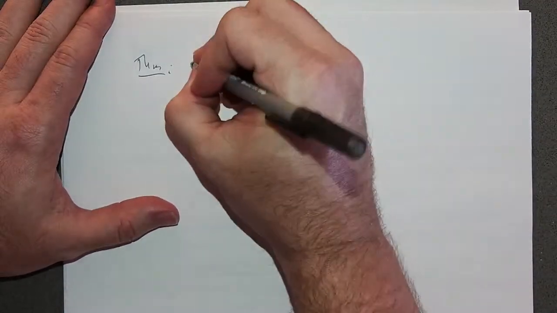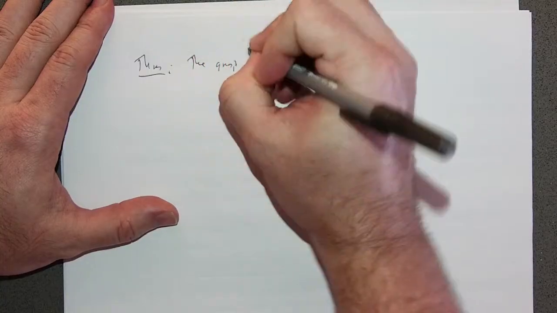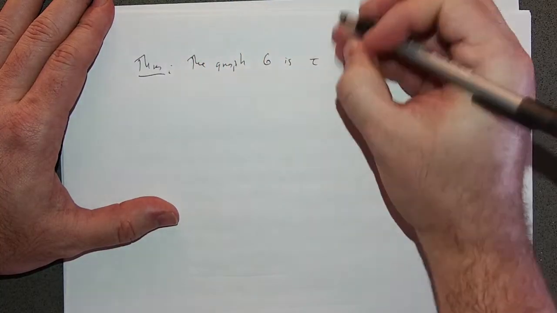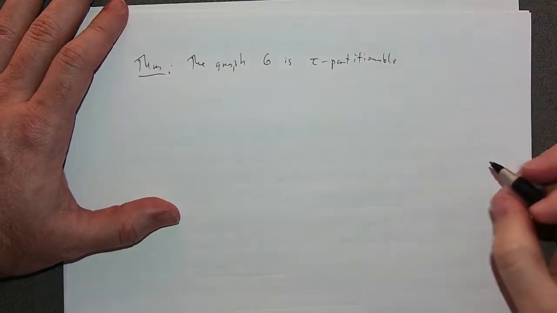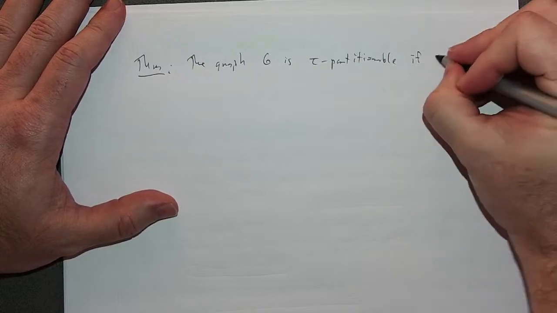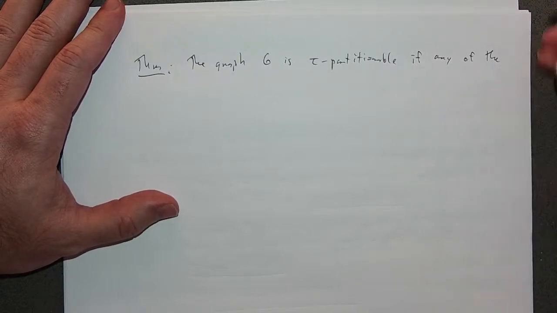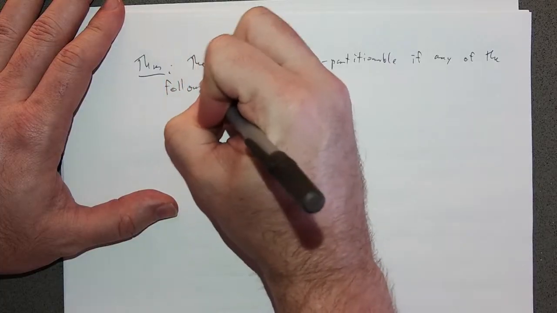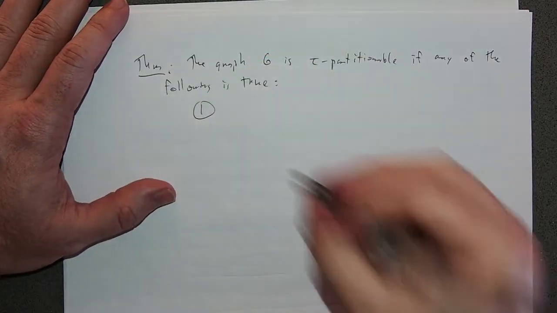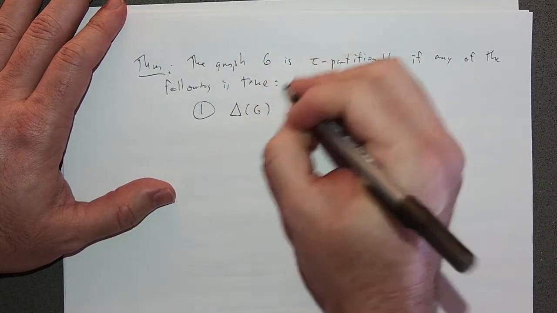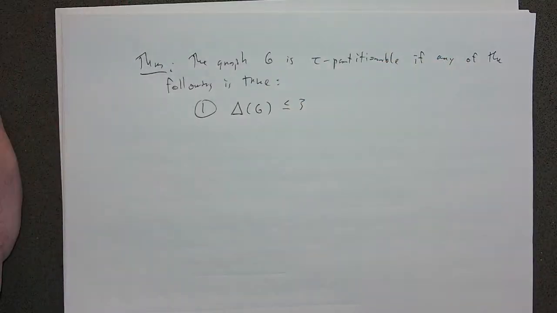So here's one such result. I'm going to summarize several results into a single theorem. So the graph G is tau partitionable if any of the following is true. So first thing, if the maximum degree of G is less than or equal to 3.